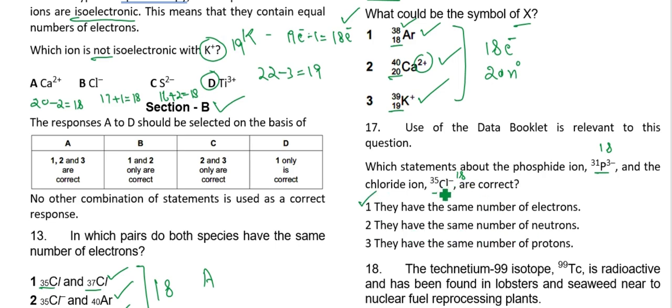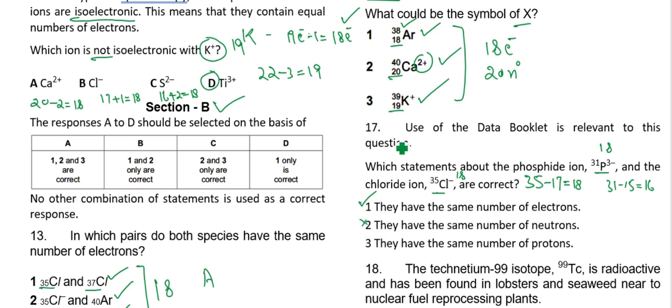Let's subtract. I think it's not correct, because if I subtract 17, the atomic number of chlorine, from 35, this will give us 18. Whereas if I subtract 15, the atomic number of phosphorus, we will get 16. So this suggestion is not correct.